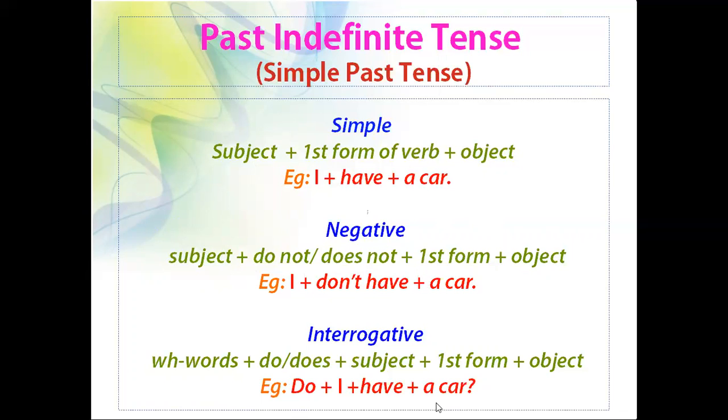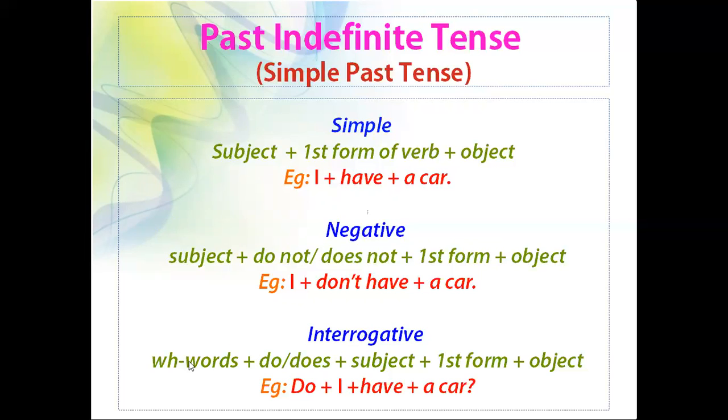While writing in interrogative, what is an interrogative question? It is nothing but a WH question. Interrogative questions use WH words. What are the WH words here? Where, when, what, which, whom, who. They are called interrogative words.